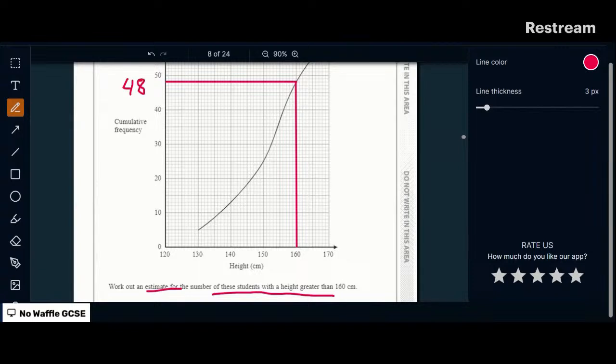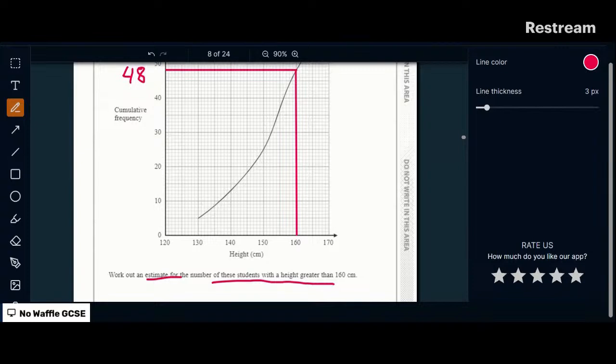Okay, so that doesn't mean 48 people have a height of 160 centimeters. This is cumulative frequency. So this means that 48 people have a height of up to and including 160 centimeters. But we want to work out an estimate for the number of students with a height of greater than 160 centimeters.